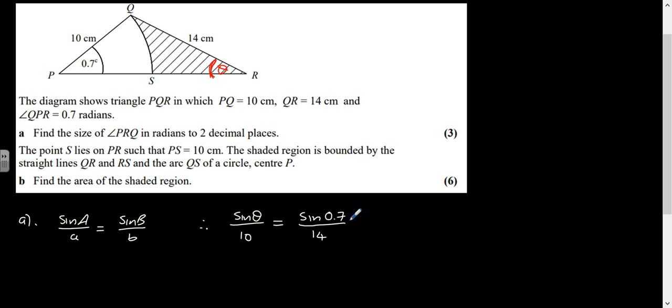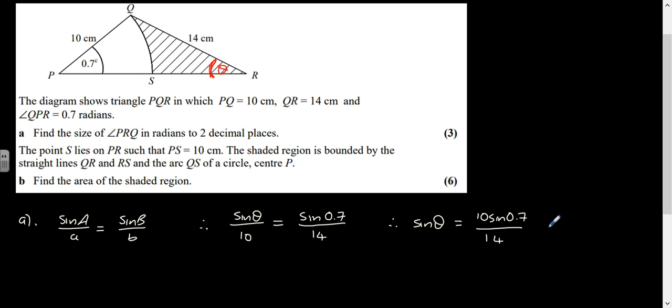Now, it doesn't matter that it's in radians. It actually doesn't affect the question in the slightest. You just need to make sure your calculator is in radians and the working is the same. So that means that sine theta is 10 sine 0.7 divided by 14.